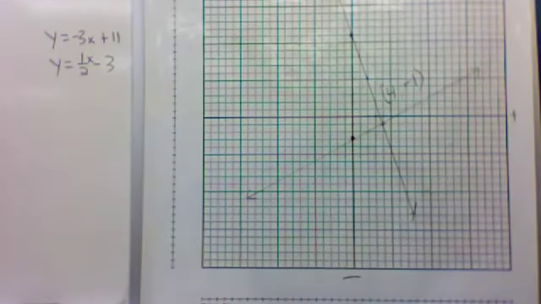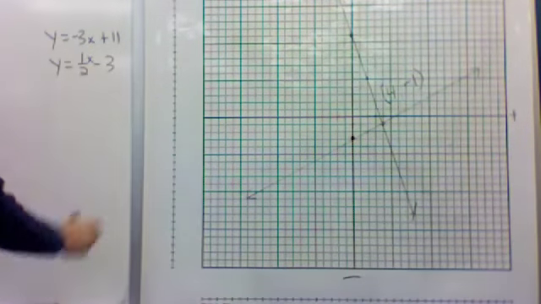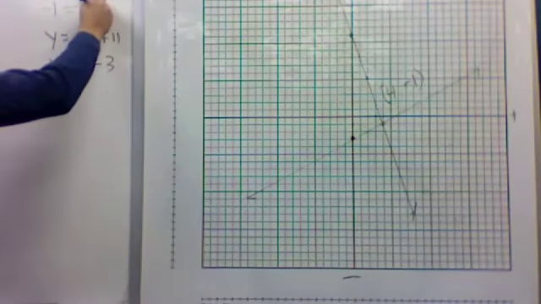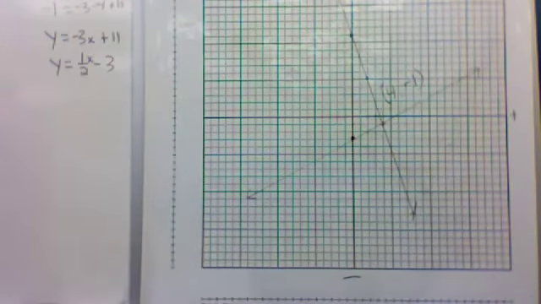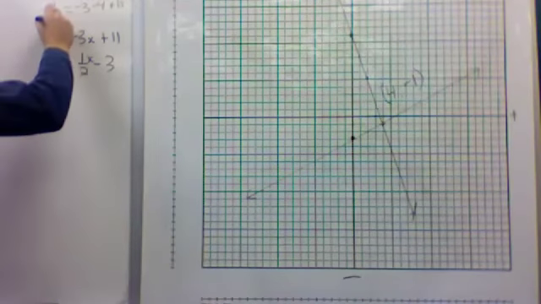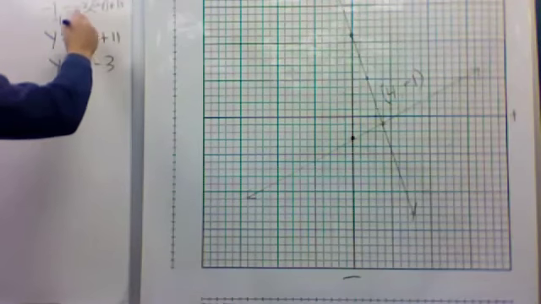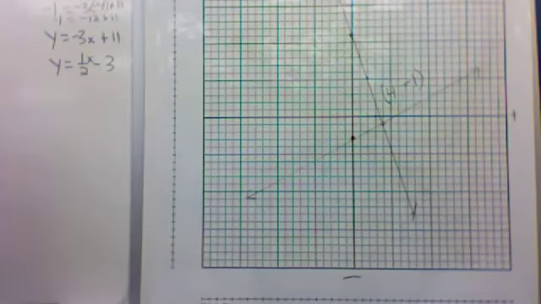Now let's go and check it on the board in both of these equations. When I substitute, -1 is equal to -3 times 4 plus 11, I end up getting -1 is equal to -12 plus 11, so therefore -1 is equal to -1.